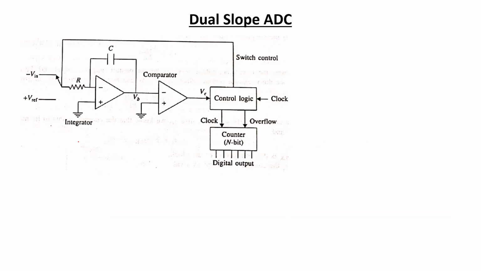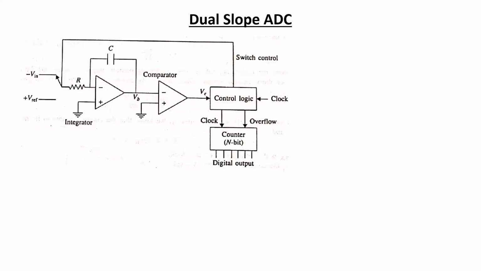For this case, in case of single slope ADC, you have seen that the integrator is integrating only one reference voltage, for a particular duration, to generate a single straight line with a constant slope. Now from the name dual slope, you can easily suggest that maybe we are going to have two straight lines with two constant slopes.